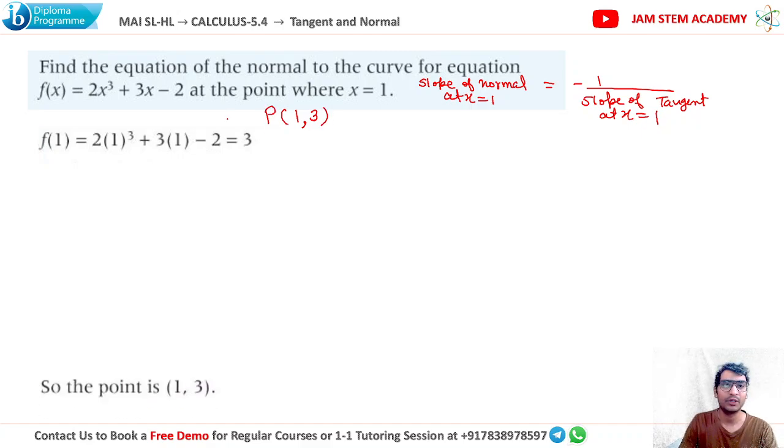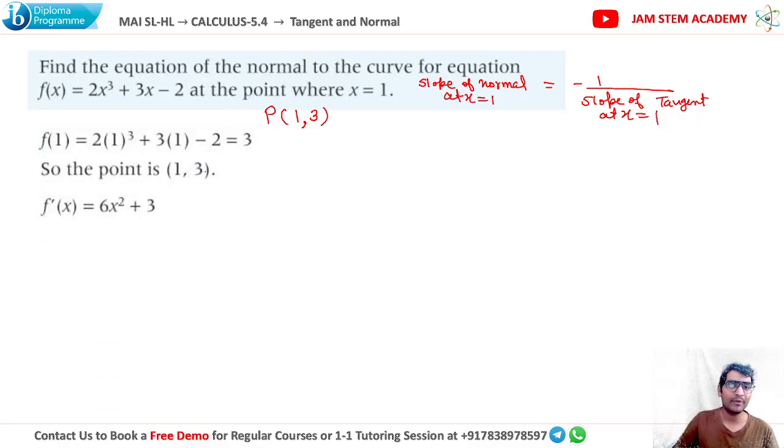Now we need the slope. So for that we can differentiate this, right? So f prime comes out as, for this one it is 6x squared. For this one it is 3. So 6x squared plus 3 and minus 0.